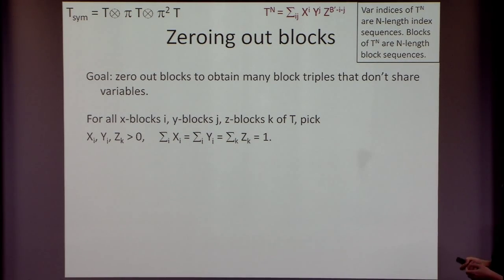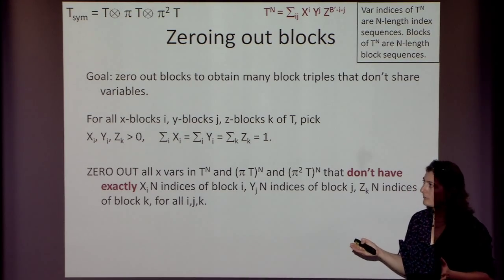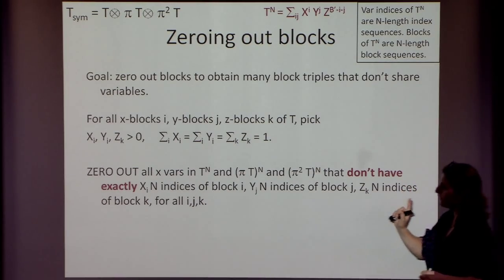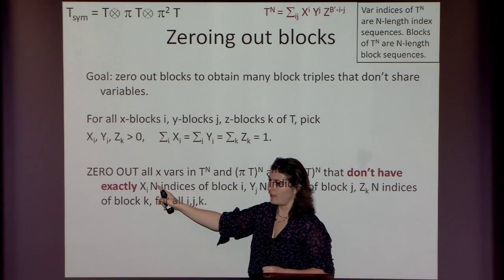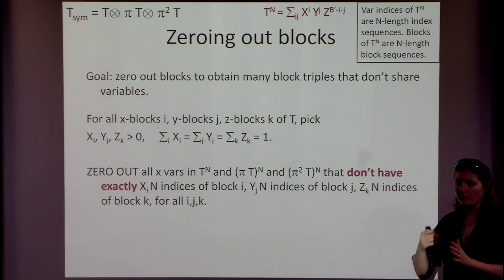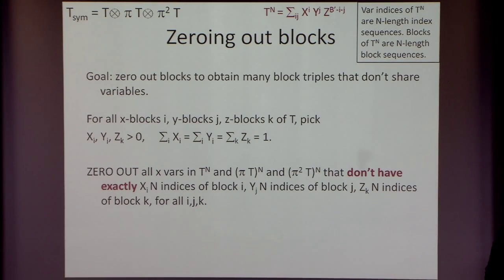And now what we're going to do is zero out all the x variables in the nth tensor power that don't have exactly xi times n indices of block i, yj times n indices of block j, and zk times n indices of block k for variable z.